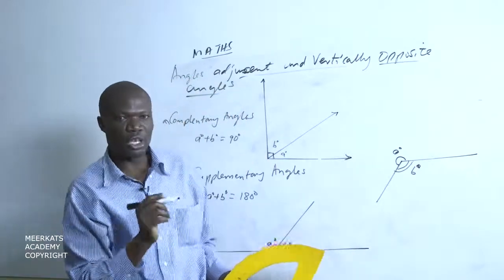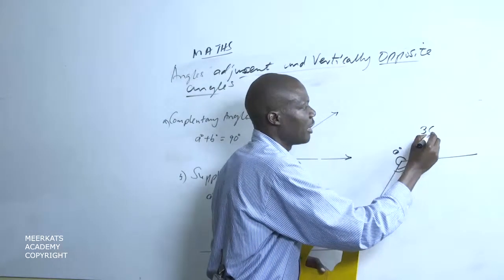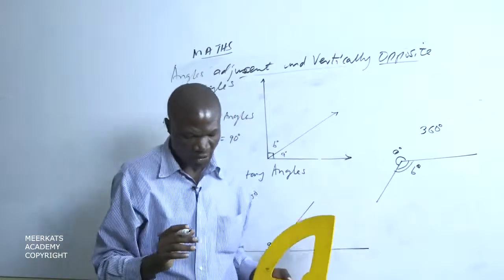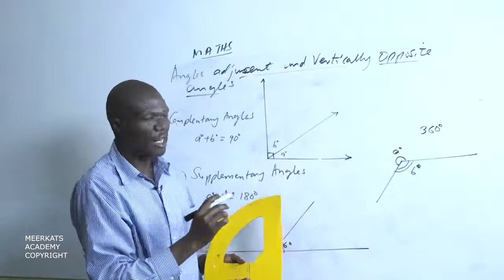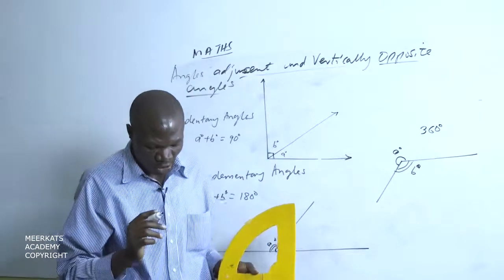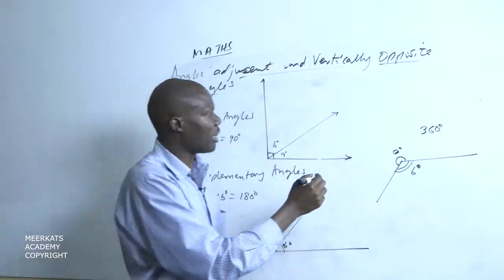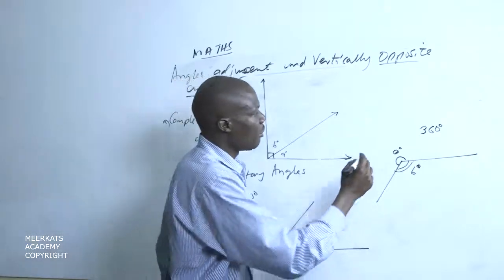Earlier on we saw that a complete revolution is equivalent to 360 degrees. So if we have angles that add up to 360, this is a pair that forms a revolution.